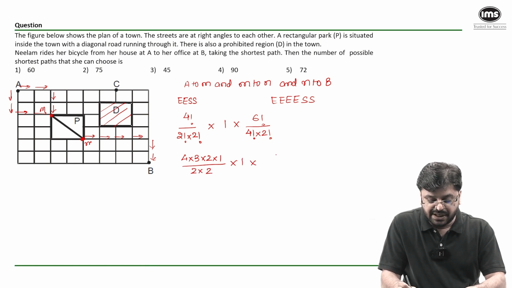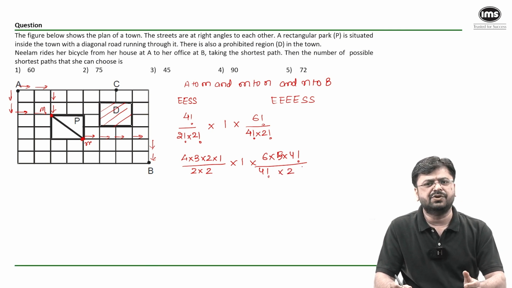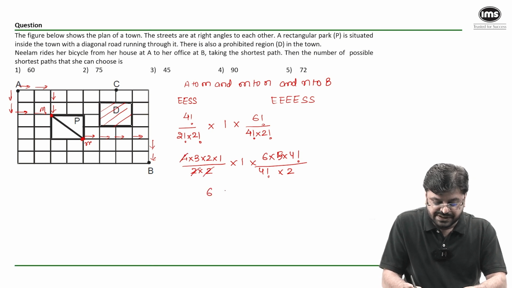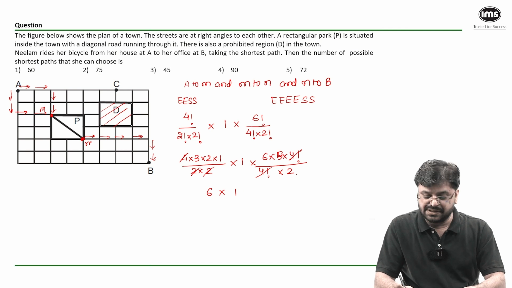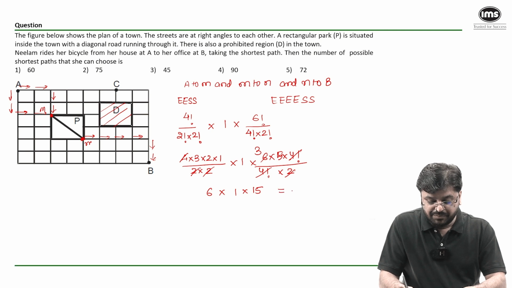And 6 factorial can be written as 6 into 5 into 4 factorial upon 4 factorial into 2. I'm writing 2 factorial as 2 into 1. Here factorial 4 gets cancelled. 2 threes are 6 and 5 threes are 15. So the total number of ways in this case would be 90.